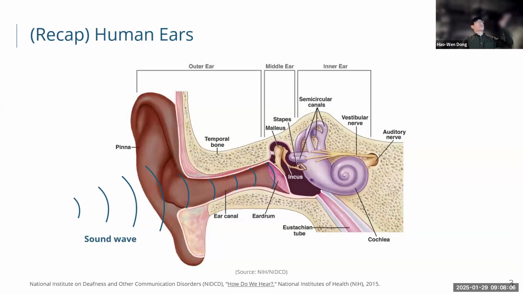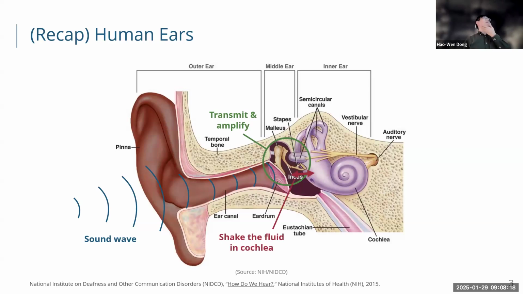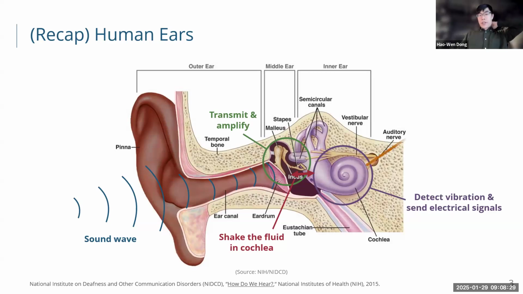Just to quickly go over it again: sound waves hit the eardrum, which transmits and amplifies that vibration, and it shakes the fluid in the cochlea. Inside the cochlea, there are hair cells that detect vibration and send electrical signals to the brain through the auditory nerve.